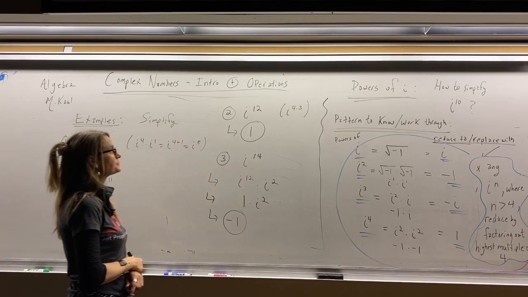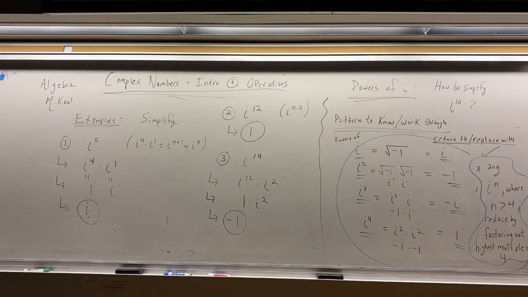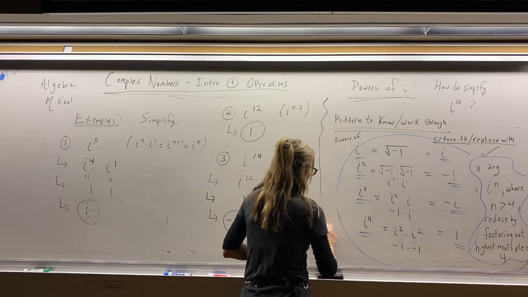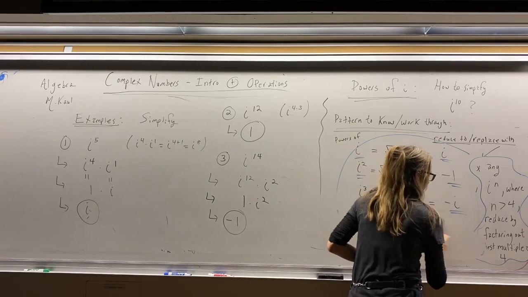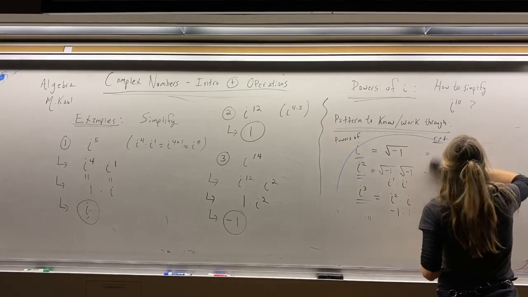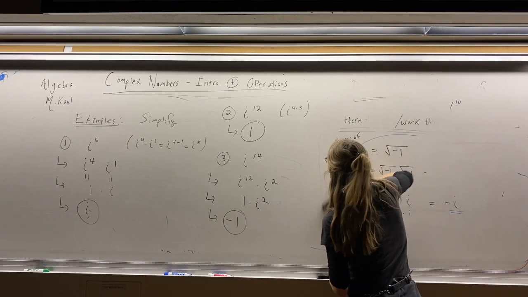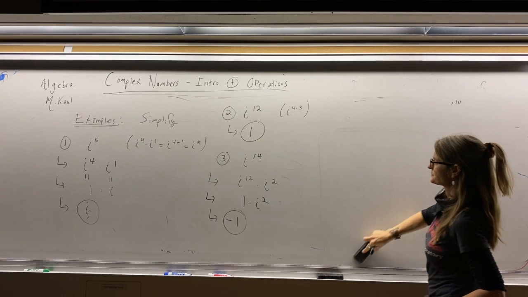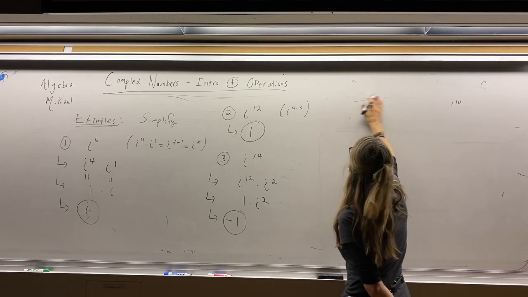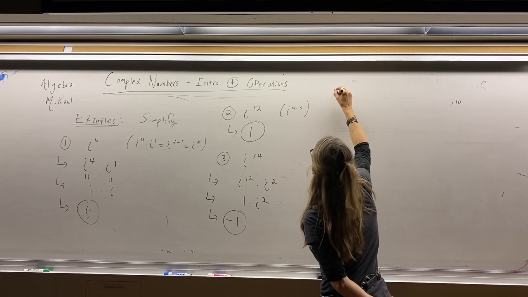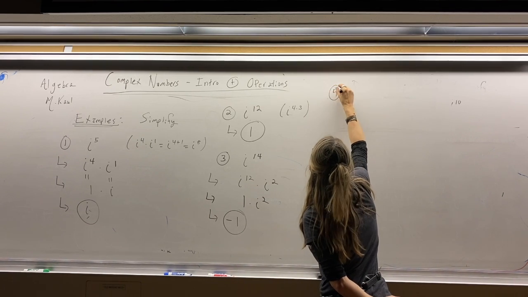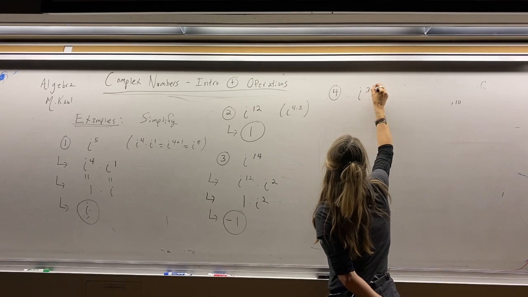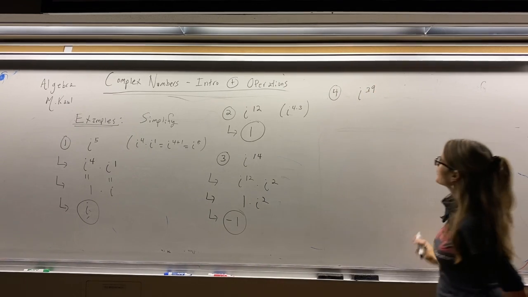So you could do really huge numbers like i to the 113th power and reduce them to one of those key component values. Okay, let's do one more. Let's say we had i to the 39th power.